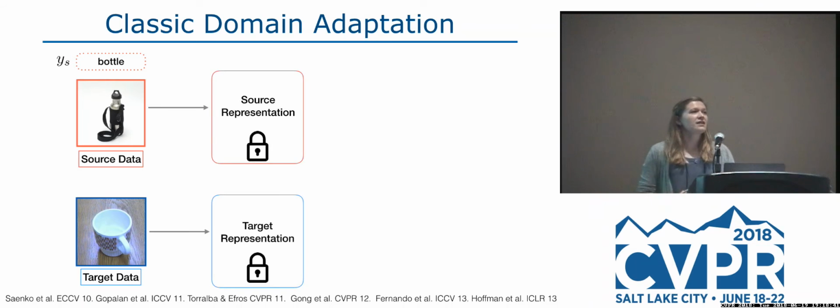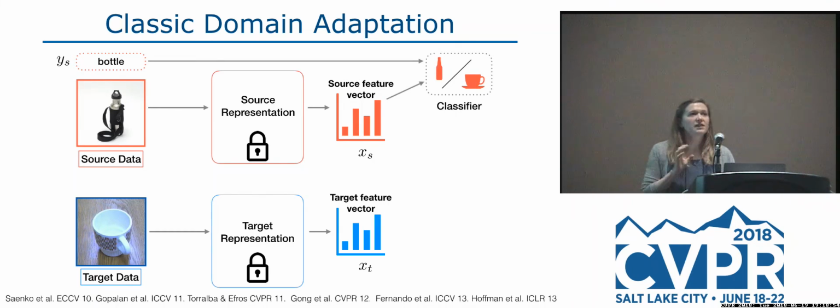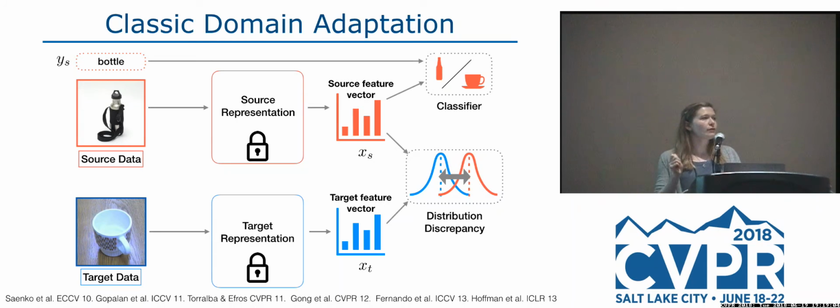And you would define some sort of function or a representation that could be used to extract the relevant information from the image, represented in some vectorized form, and importantly, that feature could then be used for training your supervised model, maybe recognizing the bottles and mugs in this case. And the problem that we encountered over and over again was that in this fixed feature representation, you would find that there was a distributional mismatch between the collection of source and the collection of target images.